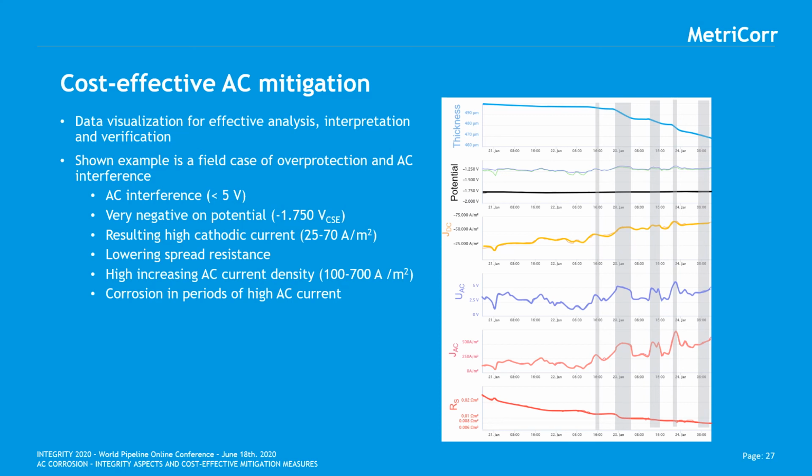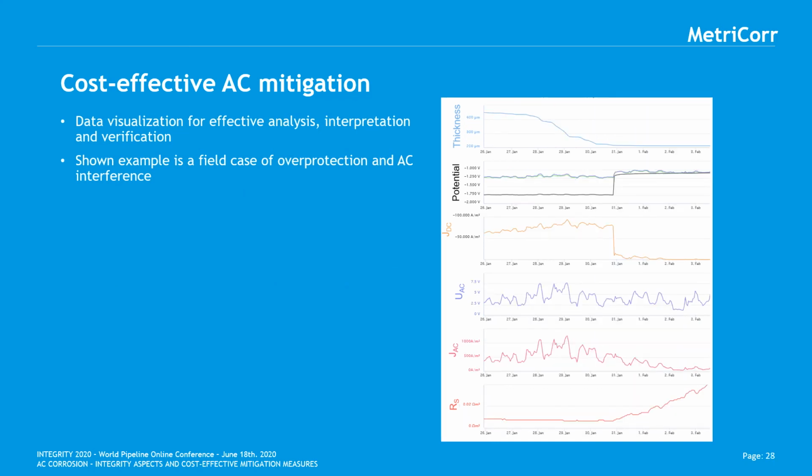The ER probes immediately identified high corrosion in the periods of high AC interference. This is a classic case of AC corrosion. We then advised the operator to reduce CP to negative 1.1 volt.